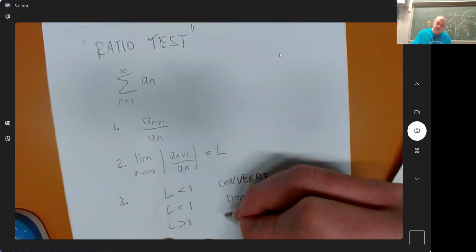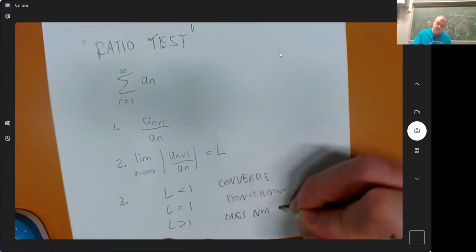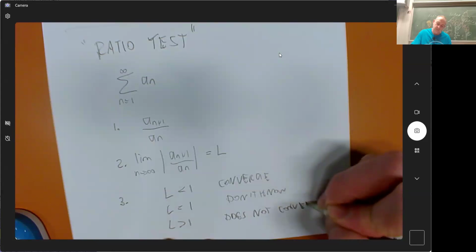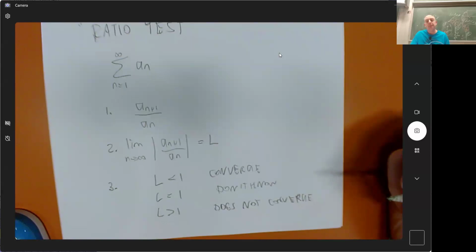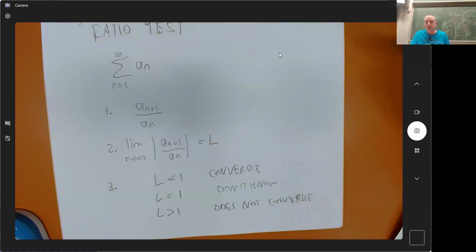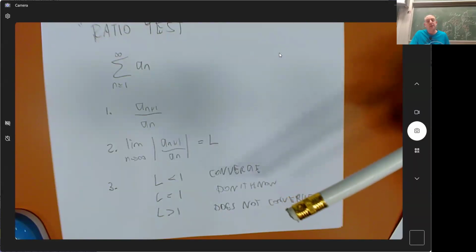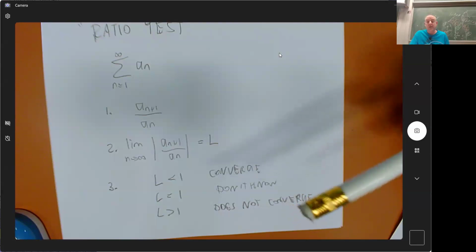And L greater than 1, diverge, or does not converge. If this limit doesn't exist, then you don't know. That's it, they are the tests.